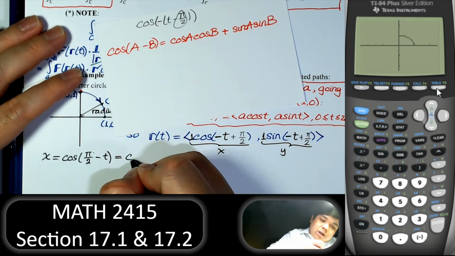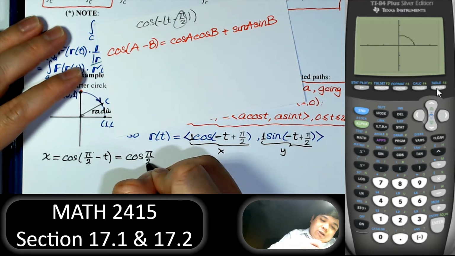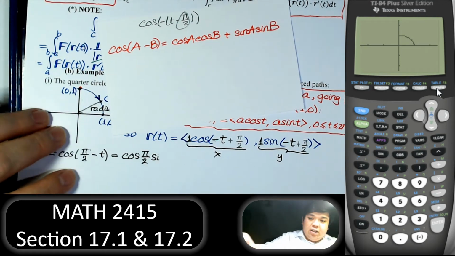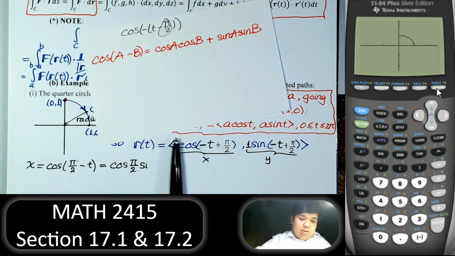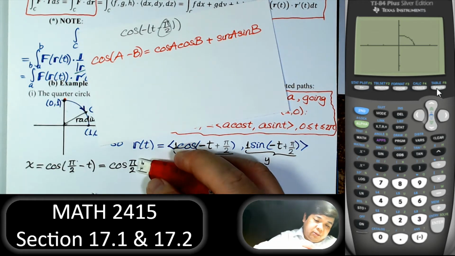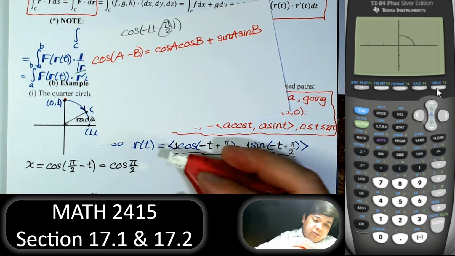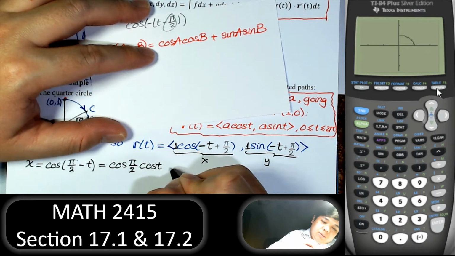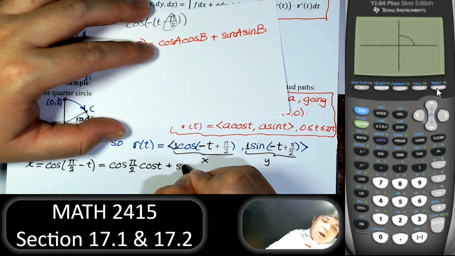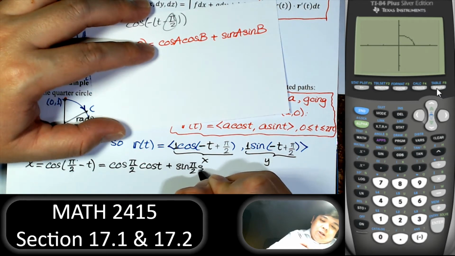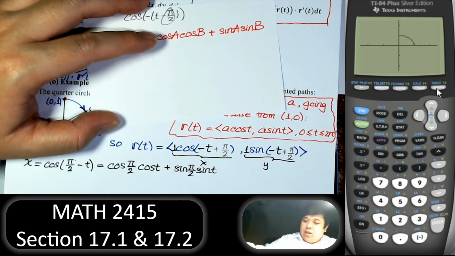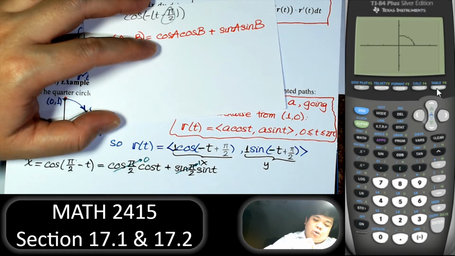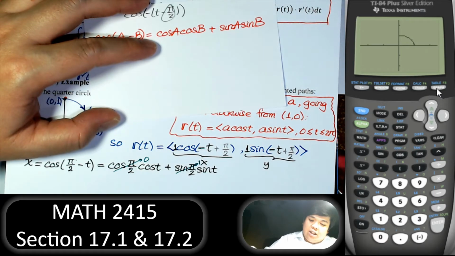So we have cosine pi over 2 times cosine t plus sine pi over 2 times sine t. Cosine pi over 2 is 0, sine pi over 2 is 1, so this is just sine t.